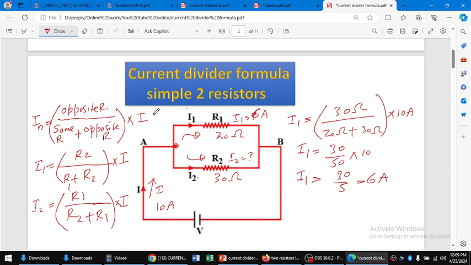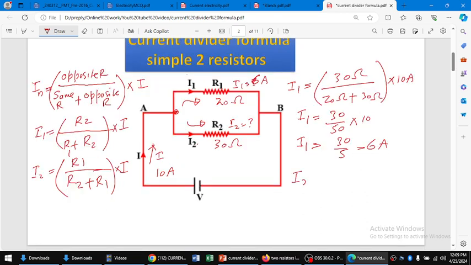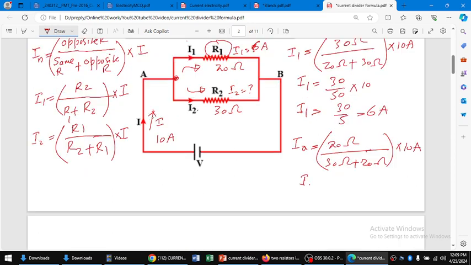Okay, now we solve for I2. In order to solve for I2, the opposite resistance is R1, that is 20 ohm, divided by the same resistance, 30 ohm, plus the opposite resistance, 20 ohm, and the total current from the battery is 10 ampere. So I2 is equal to 4 ampere.